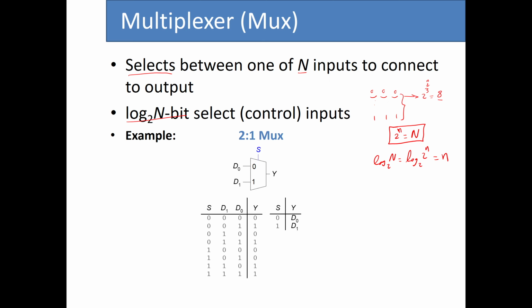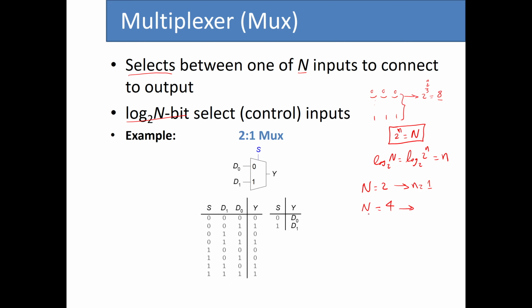So what does it mean? It means that if we want to choose between 2 inputs, we need the number of select or control inputs to be 1.